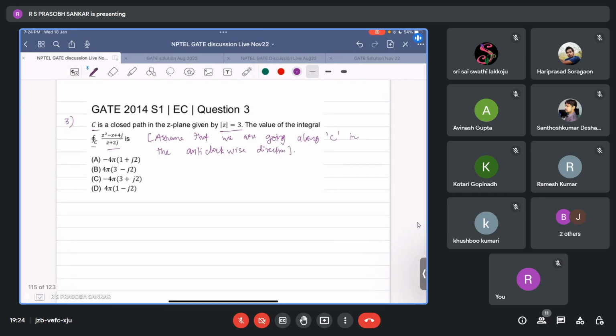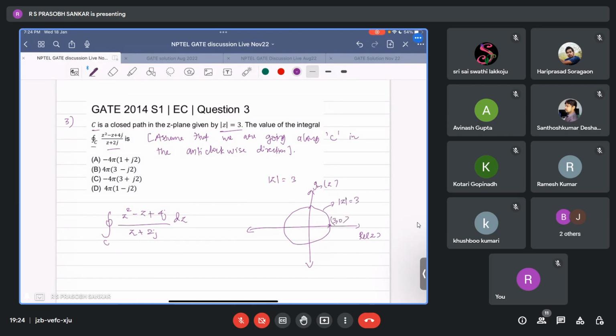Okay. So what do we have? We have this integration over C of z square minus z plus 4j by z plus 2j dz. And the curve is mod z equal to 3. So if we see the complex plane, our curve is mod z equal to 3.